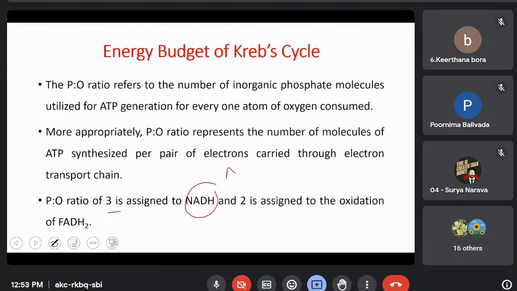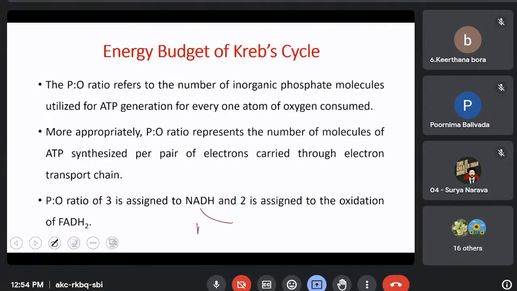That means when NADH releases its hydrogen, which gets oxidized, that means it combines with oxygen ultimately to produce water, and during which ATP is produced, the number of molecules of ATP produced during reoxidation of NADH is 3. That means the P to O ratio for NADH is 3, whereas the number of ATP molecules produced during the reoxidation of FADH2 is 2 ATP. So the P to O ratio is 2.